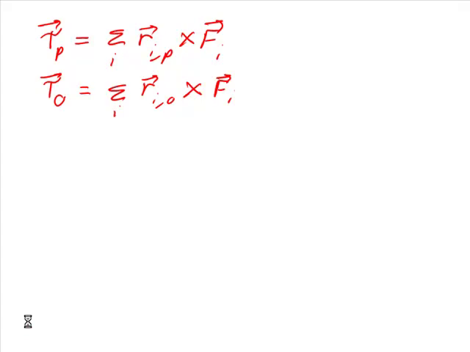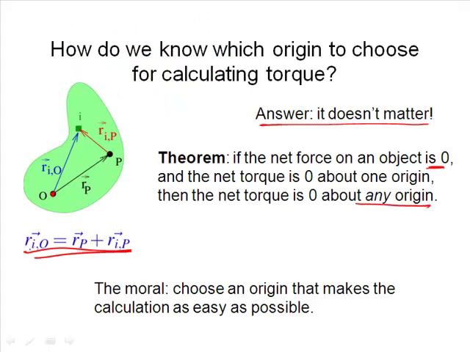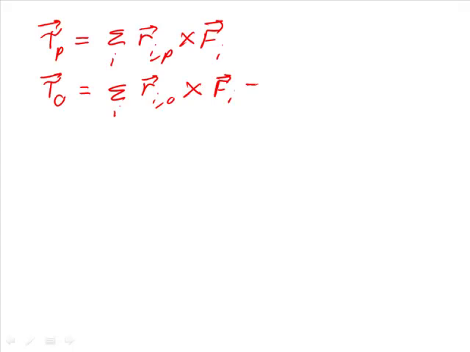But remember, the individual radius to O is just the individual radius to P plus the radius from O to P. So this is the sum of r_iP plus r_P crossed into F_i.